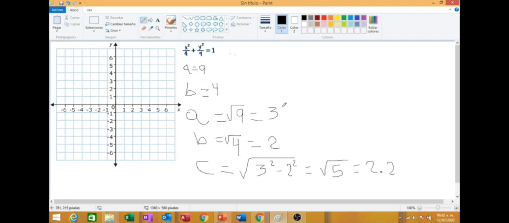Okay, now I need to graph. 3 is here. This point is in this line, and this one is in this line.